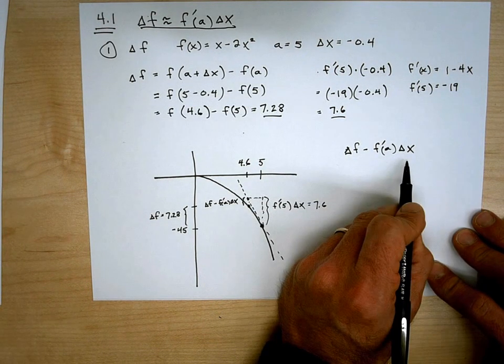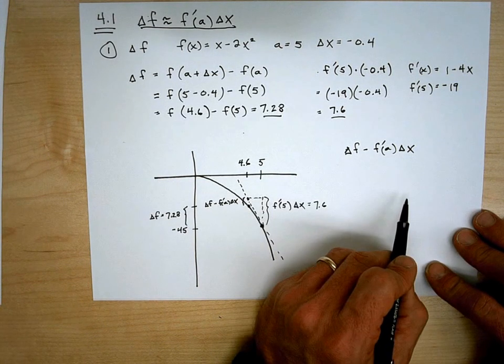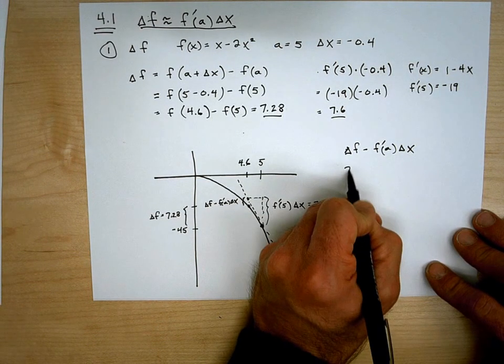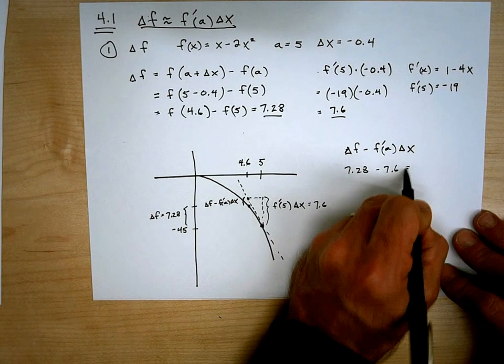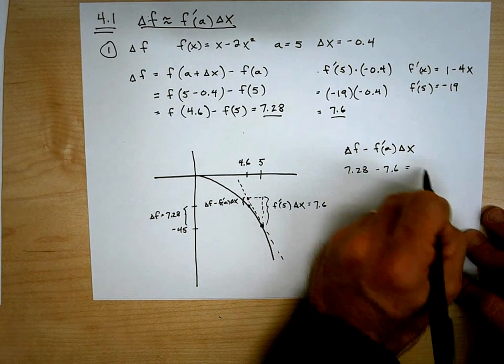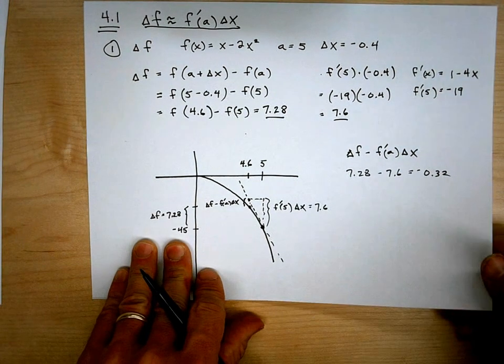It's just the difference between the actual change in f and the approximated change in f. So in this case, 7.28 minus 7.6, which we get to be negative 0.32. All right, so that's one example.